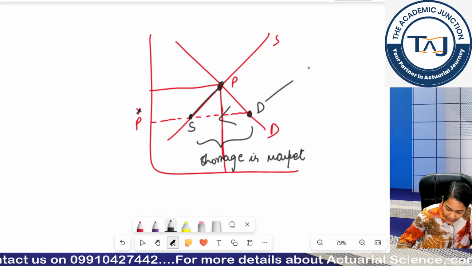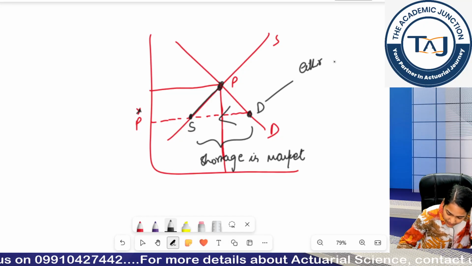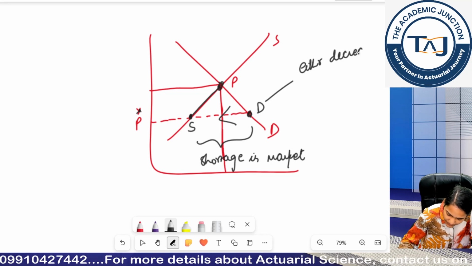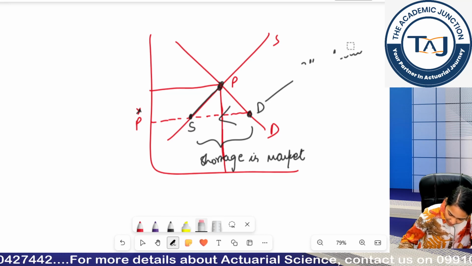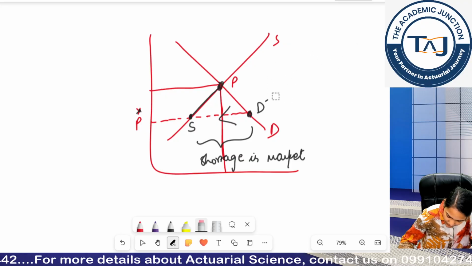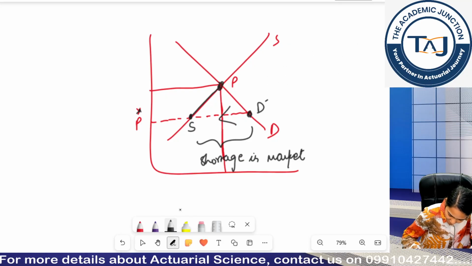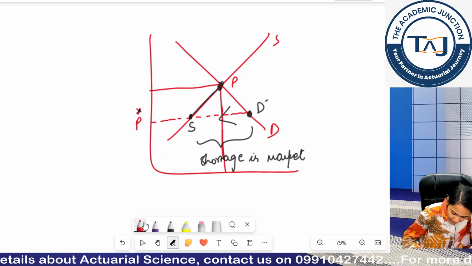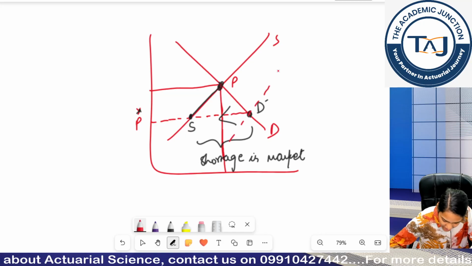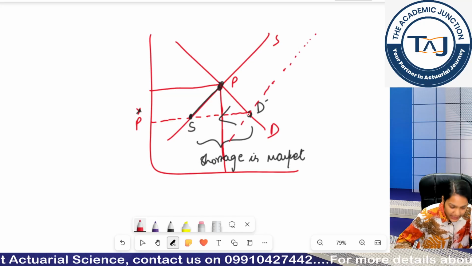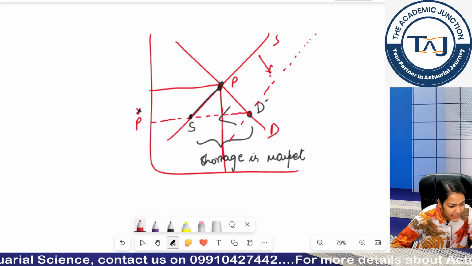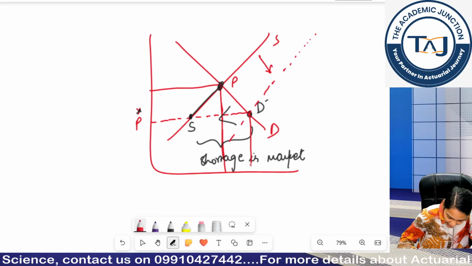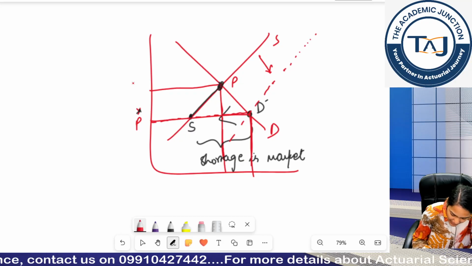The government can either match the demand by increasing the supply to match it, and establish this price at a lower price.